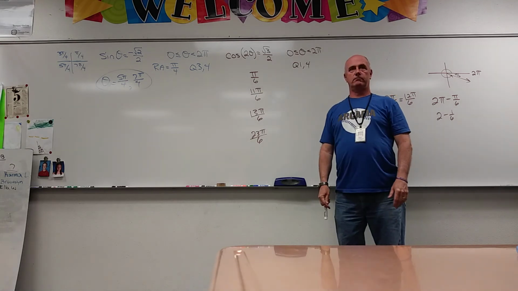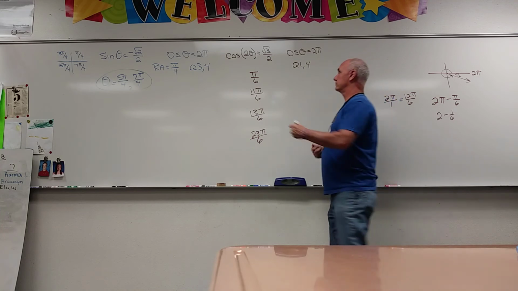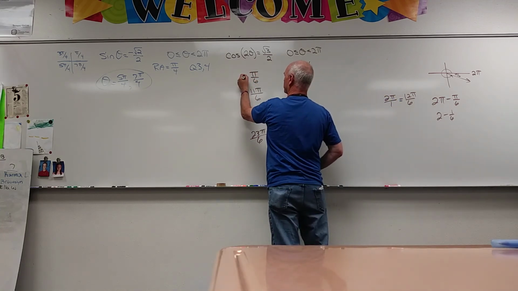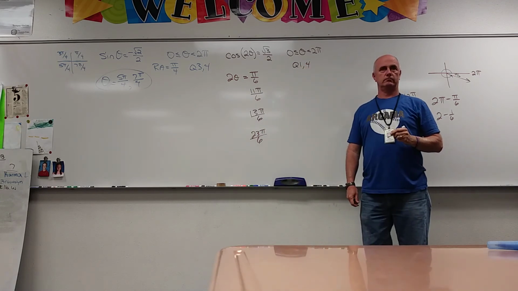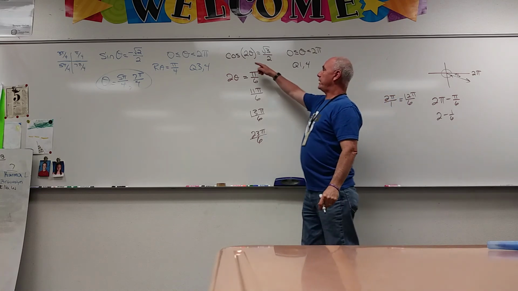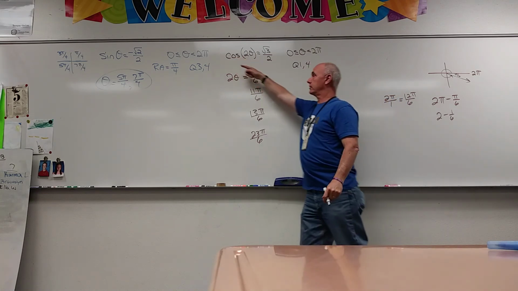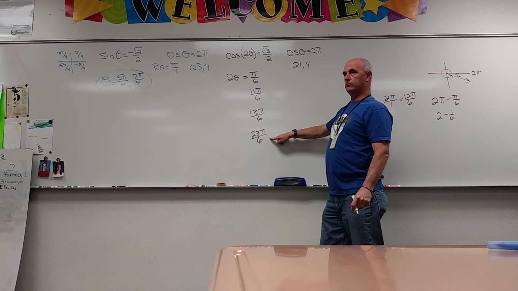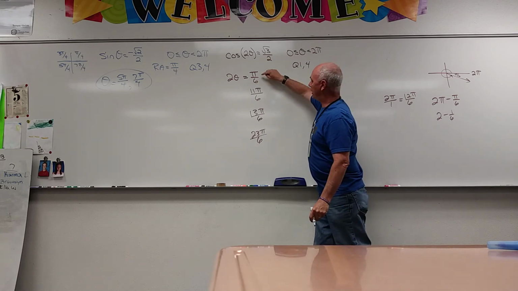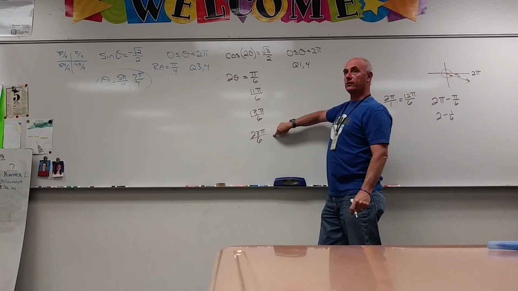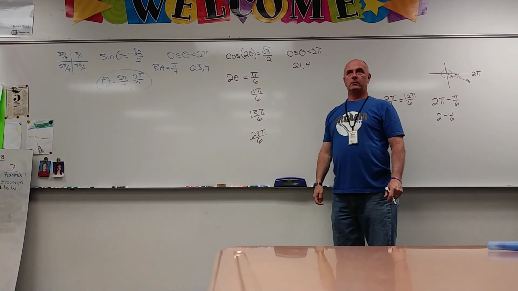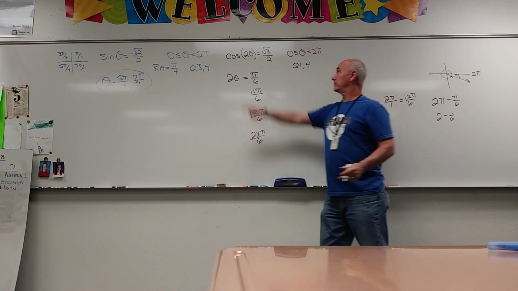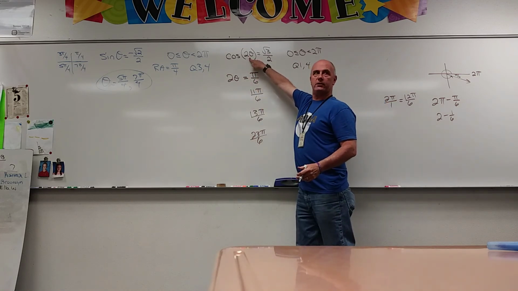Those are not thetas. Those are reference 2 thetas. We want to be getting the cosine of these angles. If we find the cosine of this angle and this angle and this angle and this angle, the cosine of every one of those angles is root 3 over 2. But that's not what theta is. That's what 2 theta is.